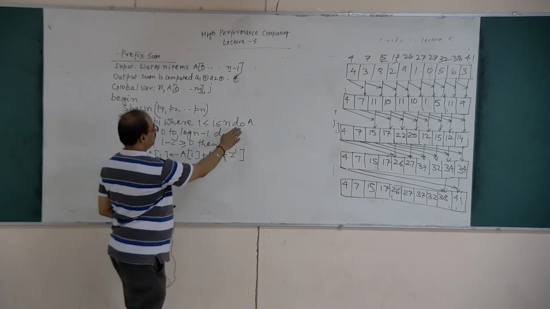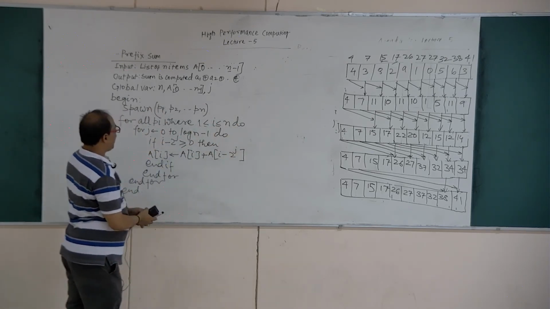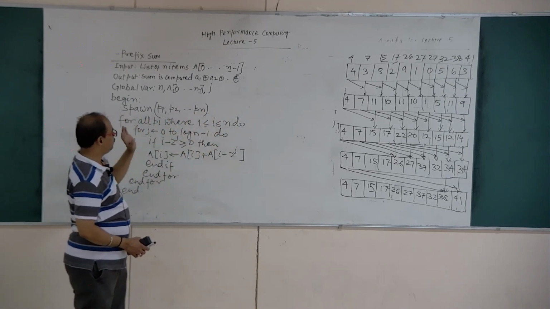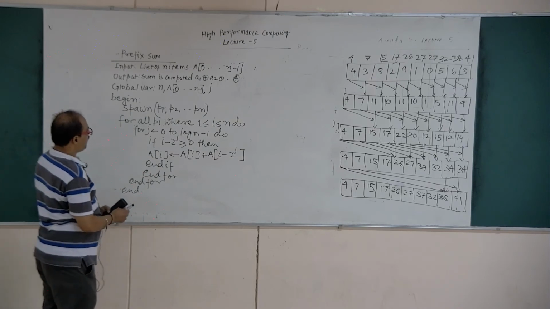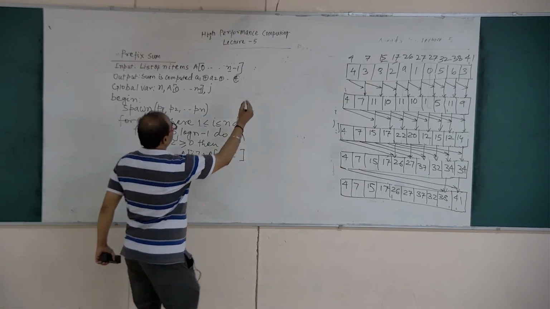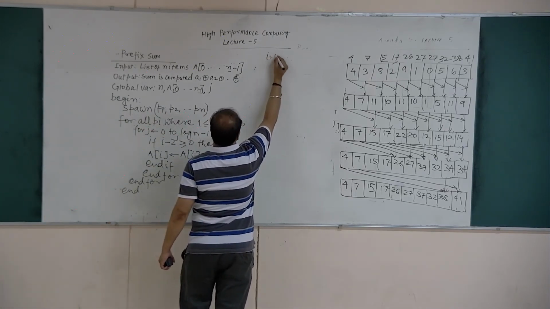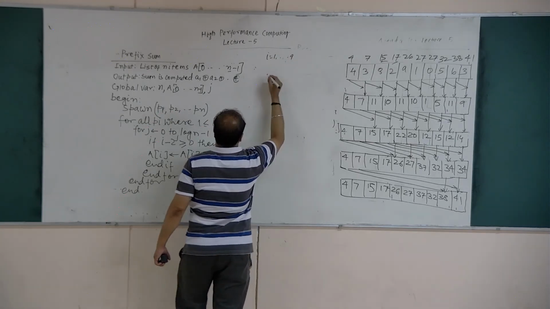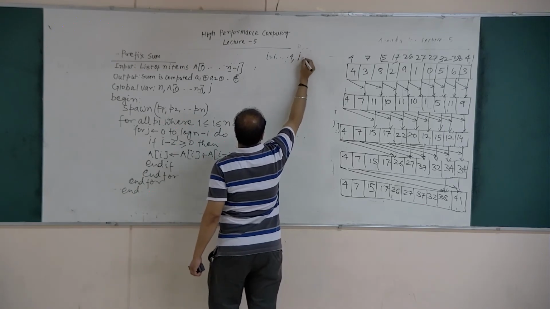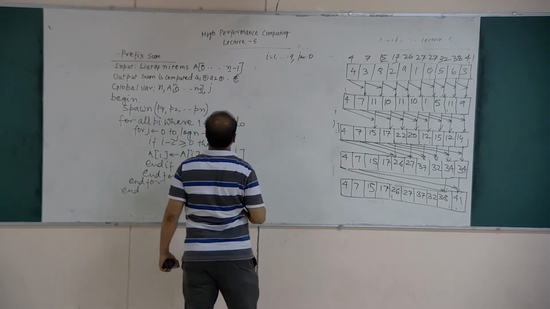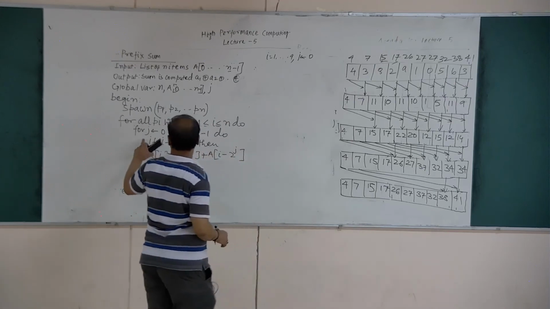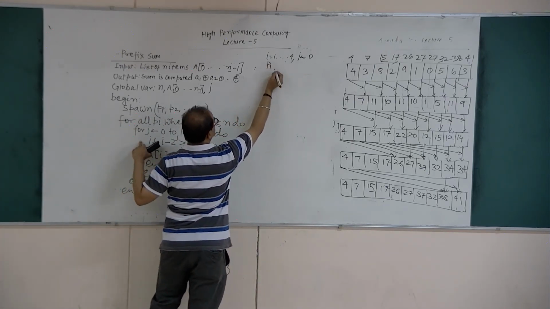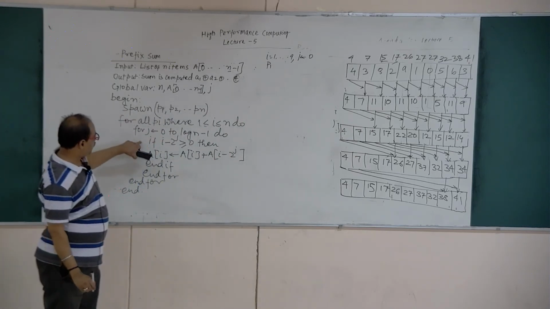In the first step it will activate n minus 1 processors, and for all values of i, that is i going from 1 to 9, j will be 0. So you can see j will be 0, and for P1, so i is 1.